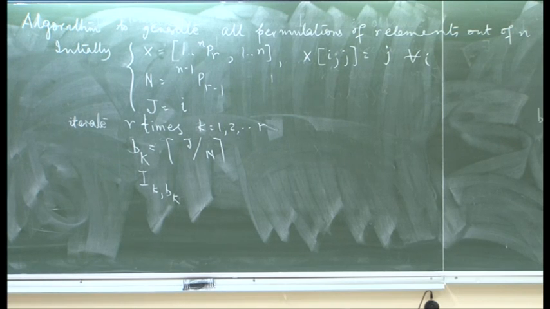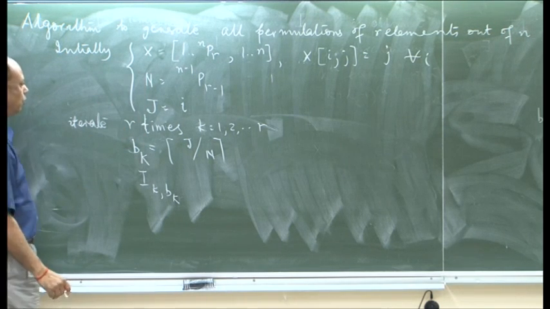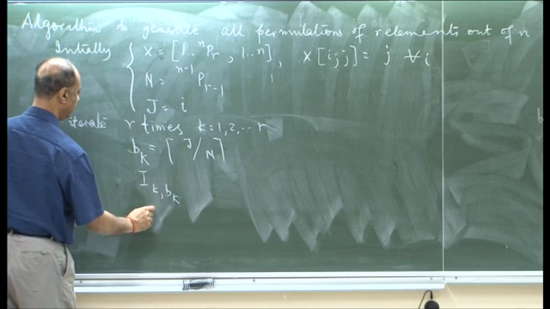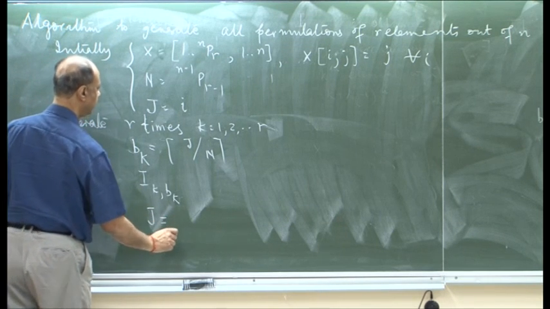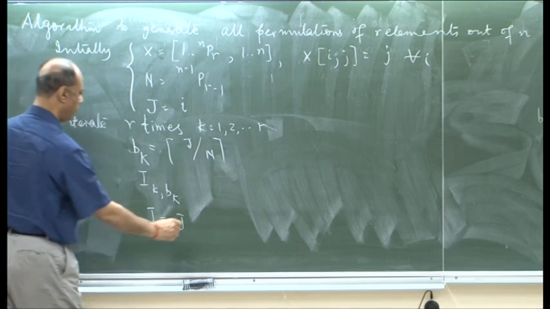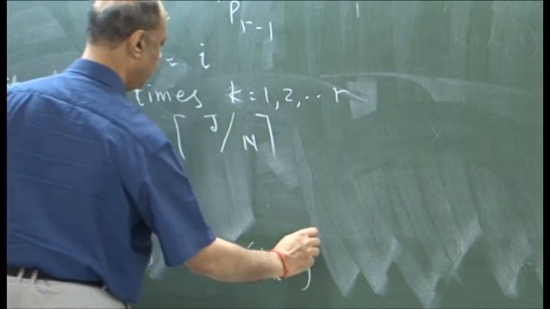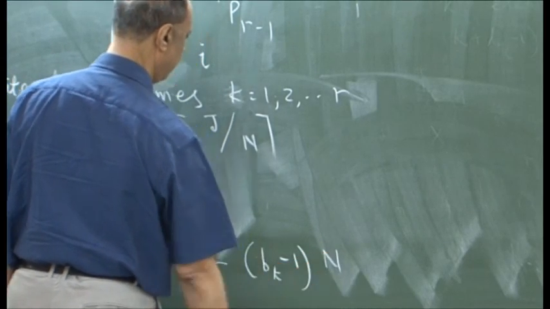Right? Once you have performed this operation, you have to now modify your j and modify your n. What is your j? j is whatever the initial j was, minus (bk minus 1) into n.